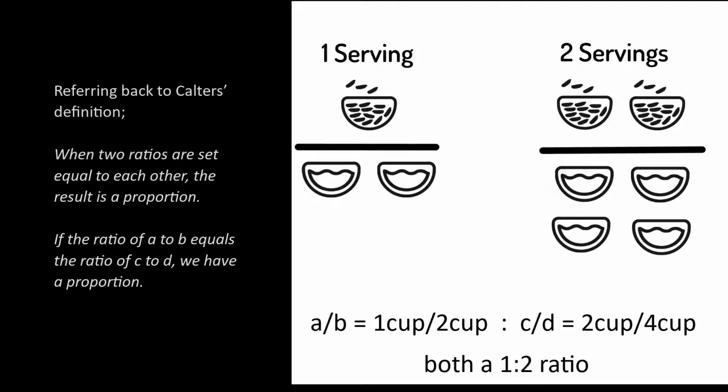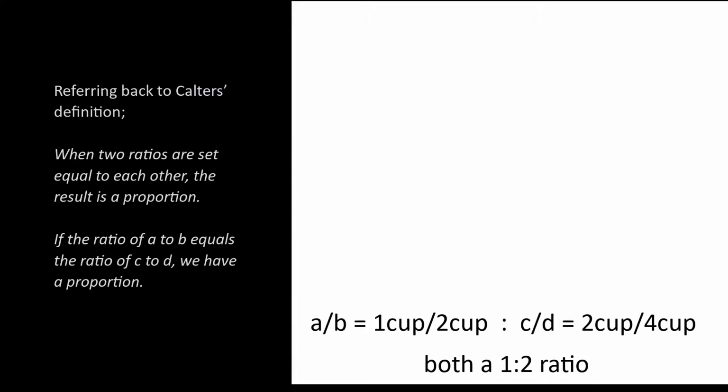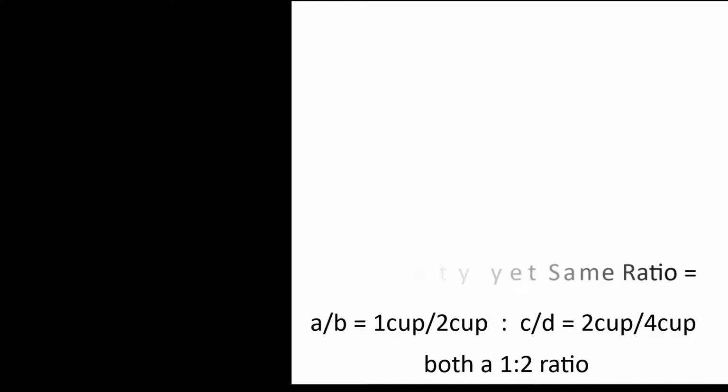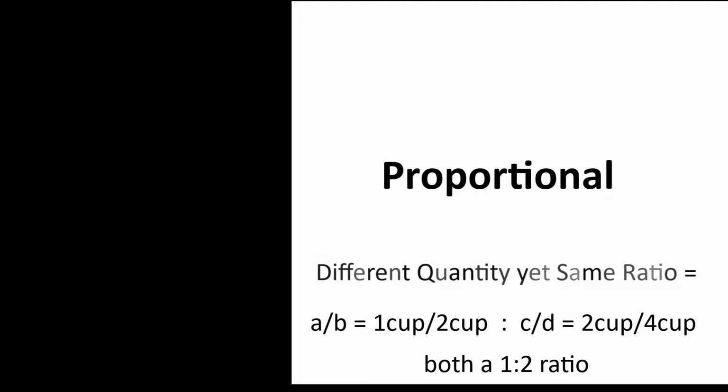If the ratio of A to B equals the ratio of C to D, we have a proportion. Different quantity, yet same ratio. Proportional.